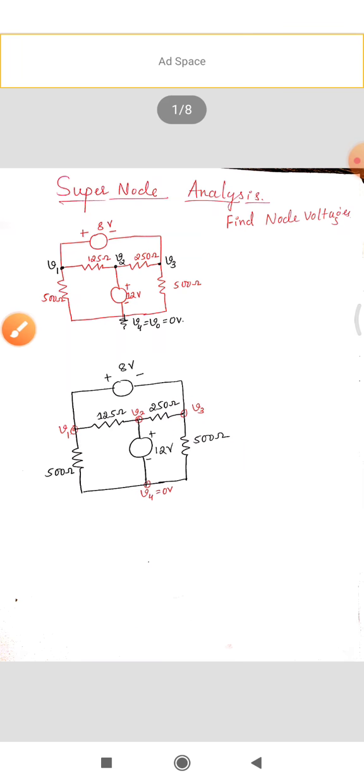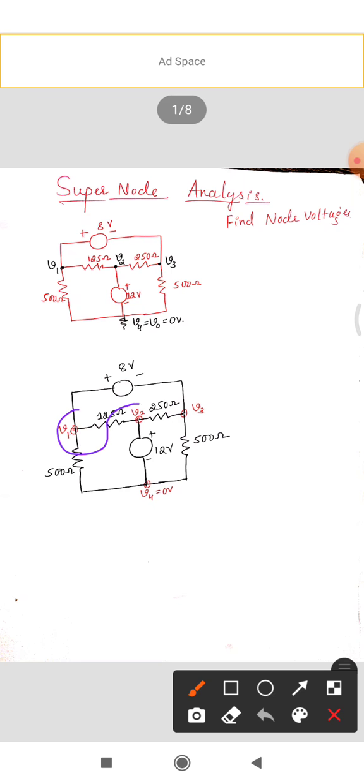Then you can connect those and apply super node analysis for V1 and V3. Remember, whenever you are applying super node analysis, the individual nodes' characteristics will remain the same. You are at V1, so V1 remains, and V3 remains. And then what about V2?